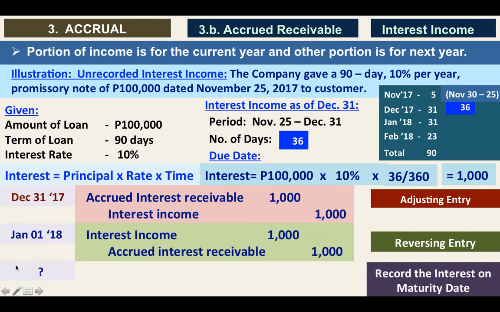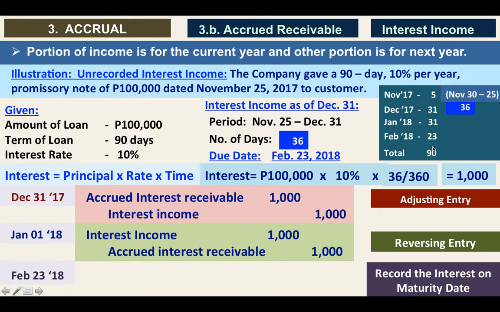So in effect, itong kukolektahin natin sa customer so we can record the interest. We have to record the full interest on February 23, 2018. That's the due date or the maturity date. So here, February 23, 2018. And now we have to compute the interest for 90 days. Okay?